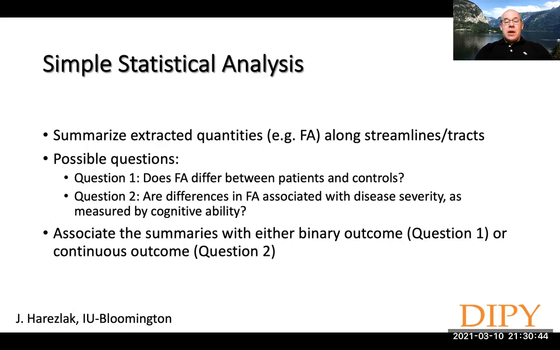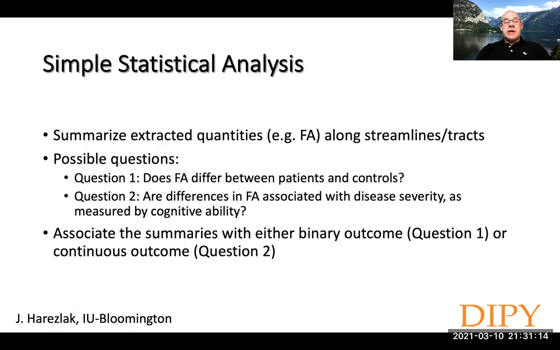When we're usually interested in scientific questions, we might rely on simple statistical analysis. For example, we might summarize extracted quantities, for example, fractional anisotropy along either streamlines or tracts. Some possible questions that we can ask are, is there a difference between these FA values between, let's say, patients and controls?